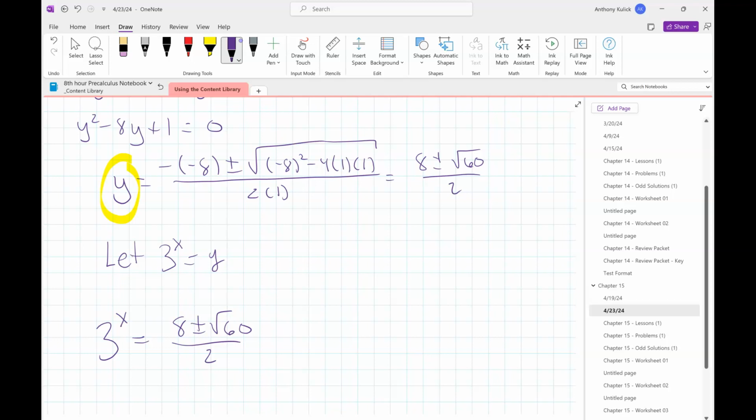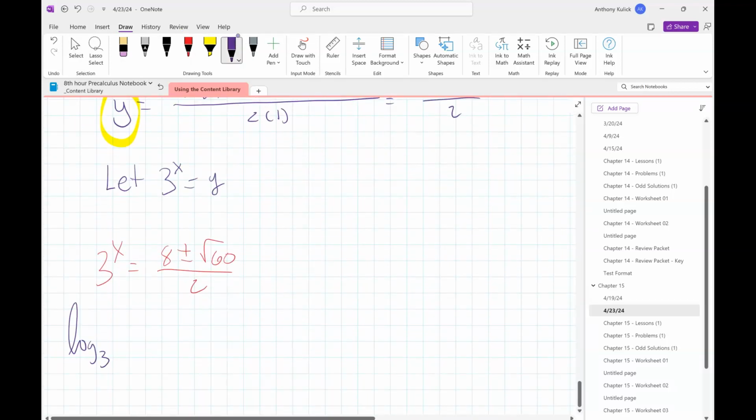So I do that. How do I get rid of that exponent base 3? What's going to get rid of that exponent base 3? A logarithm! Which logarithm?